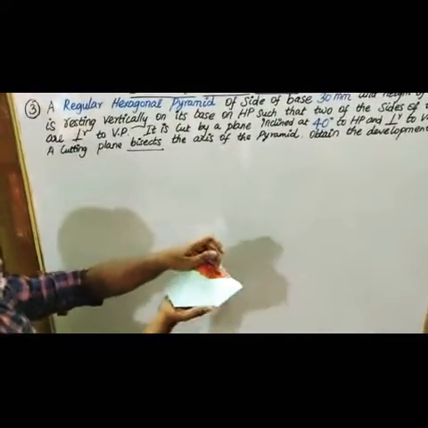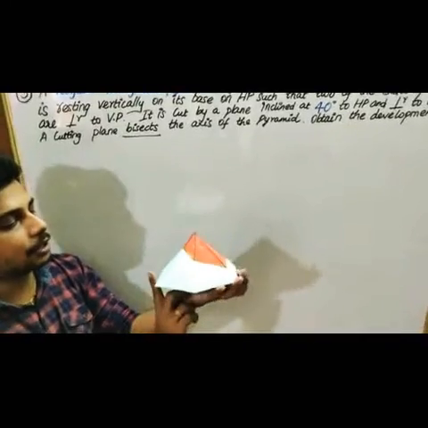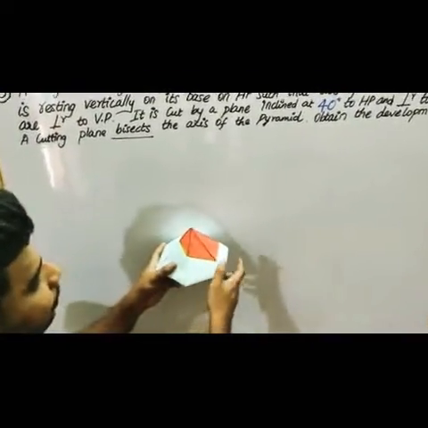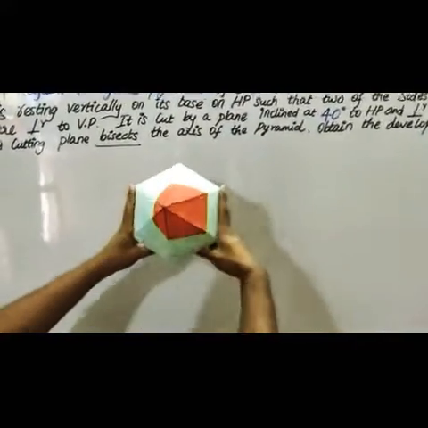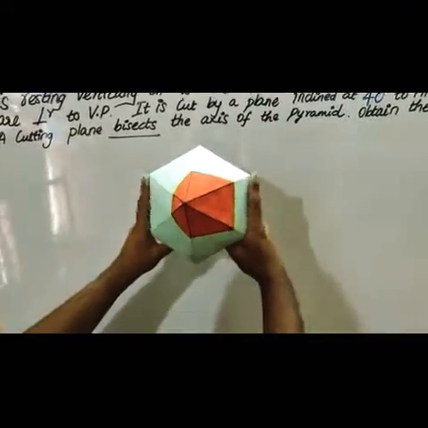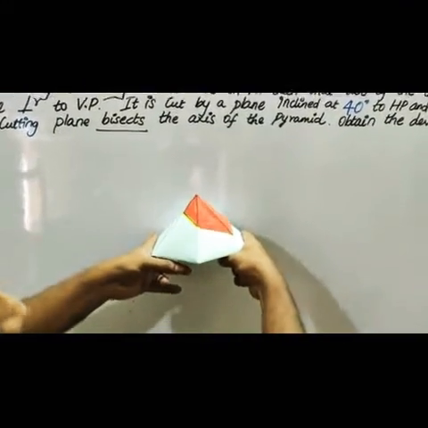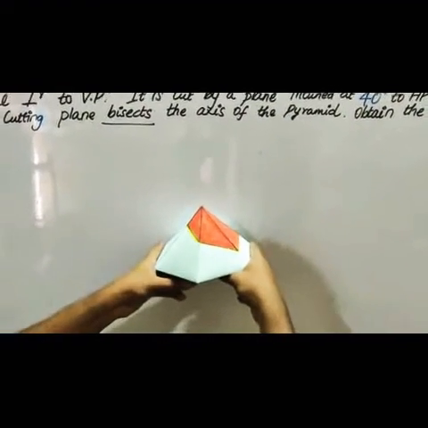So when I place the object like this, this side 1 and this side 2 will be perpendicular to VP. You can see these 2 sides here, I am having the finger on them. These 2 sides will be perpendicular to VP. So I am going to place the object on HP with this constraint.